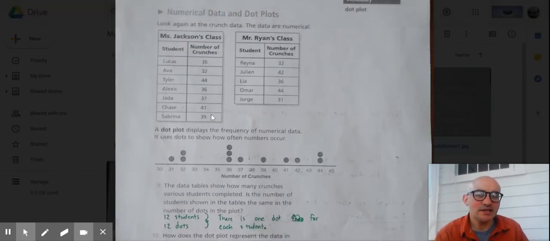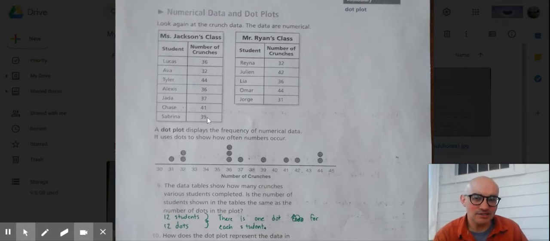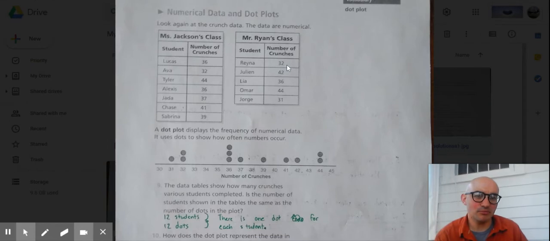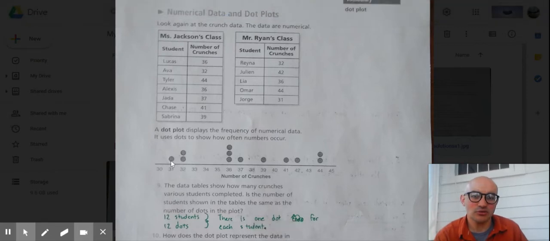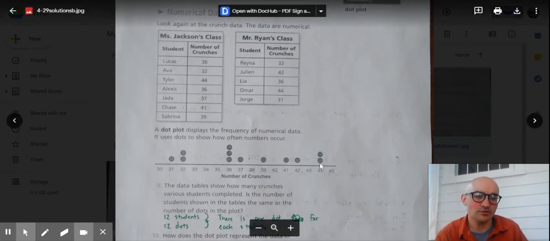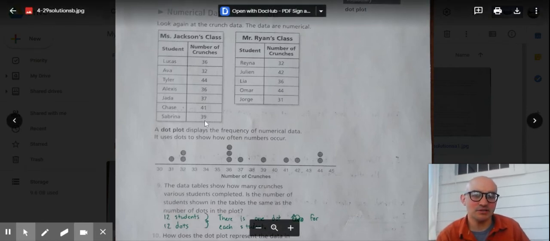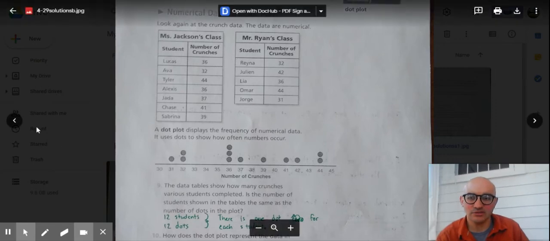When I'm looking at this data table for Miss Jackson's, and I'm looking at it compared to Mr. Ryan's, it's not clear to me just looking at these numbers listed like this, which class did better. Is better more crunches? Was there a time limit? If you notice, we've got some kids who did 31, other kids who did 44. It's hard to say based on the data being displayed like this, which class did better. It's hard to really answer that question.